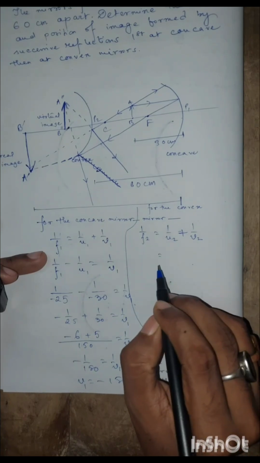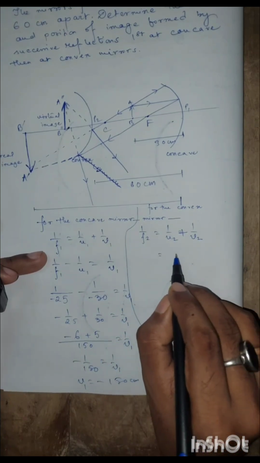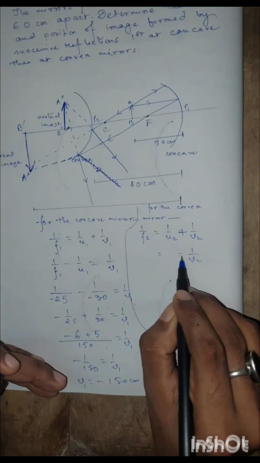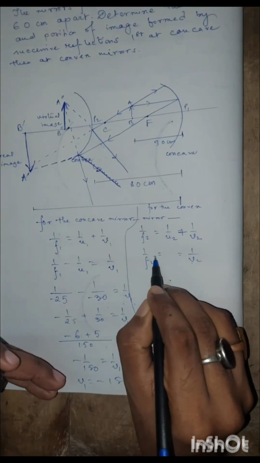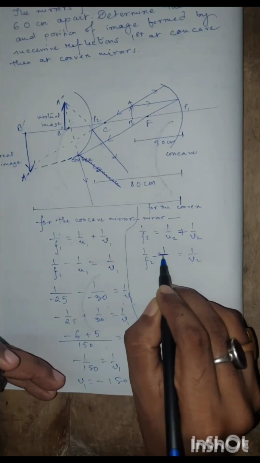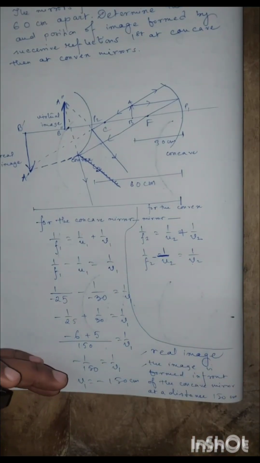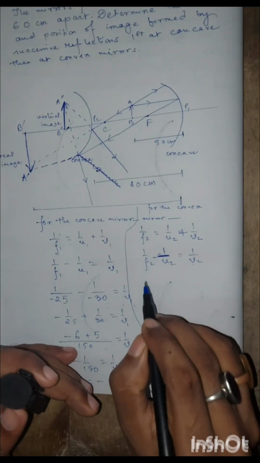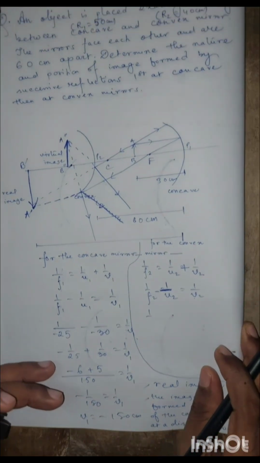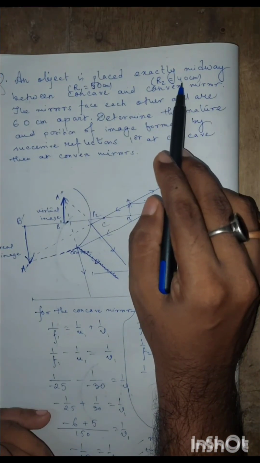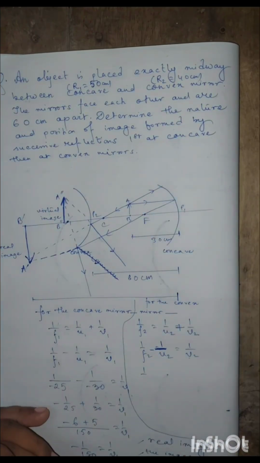So we can say 1 by v2 is equal to 1 by f2 minus 1 by u2. So we can find out the focal length because radius of curvature is 40.